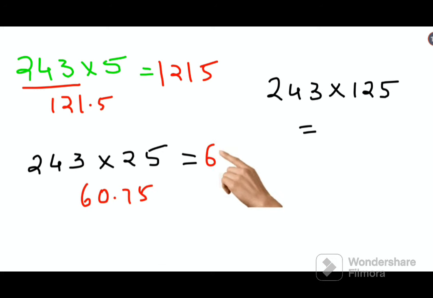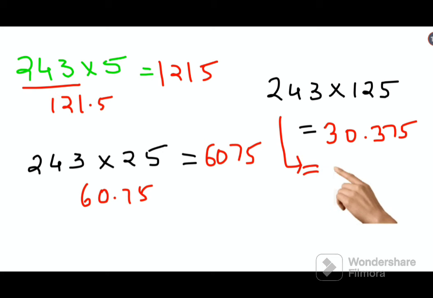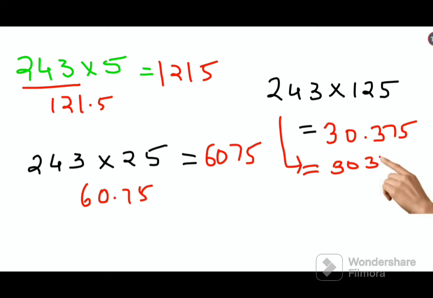So your answer is 6075. 243 divided by 8 gets you 30.375. When you multiply by 1000, your final answer comes out to be 30375. I hope you got the hang of this.